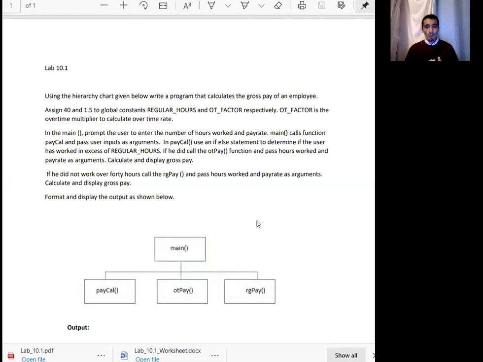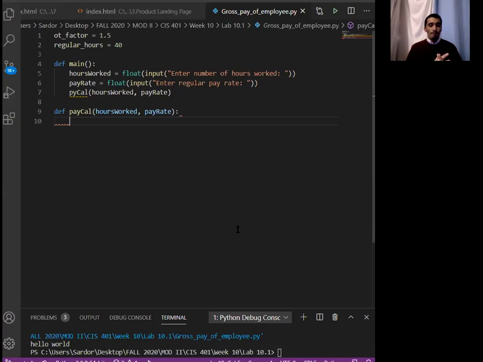What can we do that tells the computer if the worker has worked 40 hours or less or 40 hours or more in order to get the overtime factor, which is 1.5? All right, so I will think that you have paused and we'll move on. So we'll use the if else function.